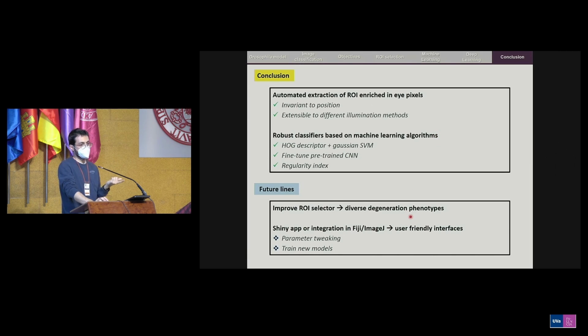And in the end, as a developer, you are always interested in developing user-friendly interfaces, web applications, because at the end, your ultimate goal is to reach out to other researchers. They have to be able to use your algorithms to do their own parameter tweaking, to train their new models, and eventually you get a new citation from your work, which is always nice.